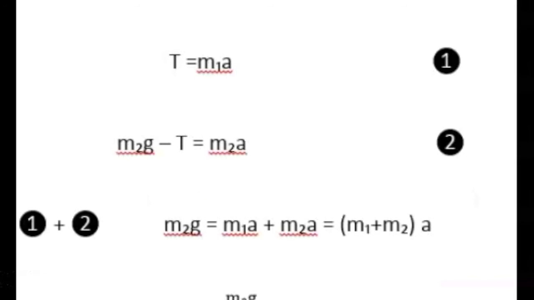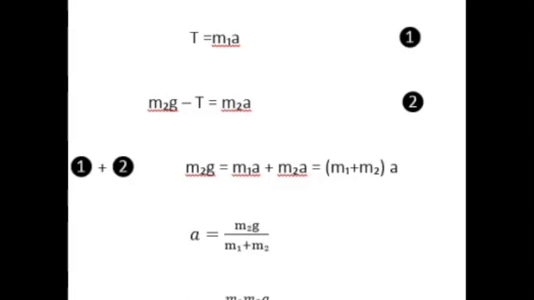So a will equal M2g divided by M1 plus M2, and T will equal M1 M2 g divided by M1 plus M2. So M1 and M2 will give the same value when they're multiplied together, and M1 plus M2 will give the same value when they are added together, so the tension would be the same for a pair of masses M1 and M2.